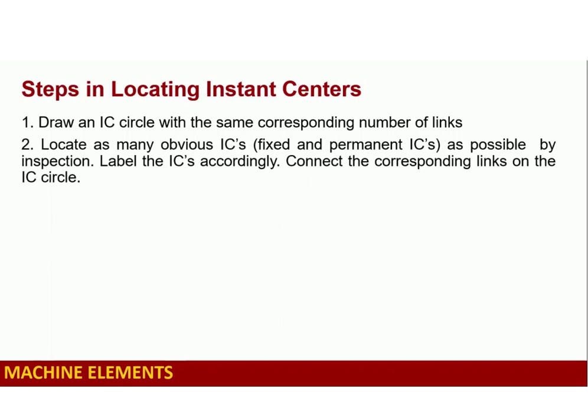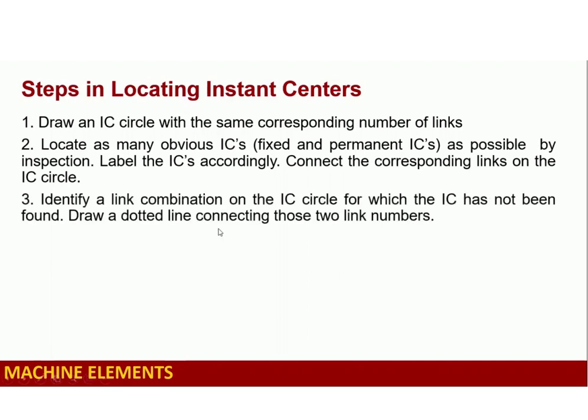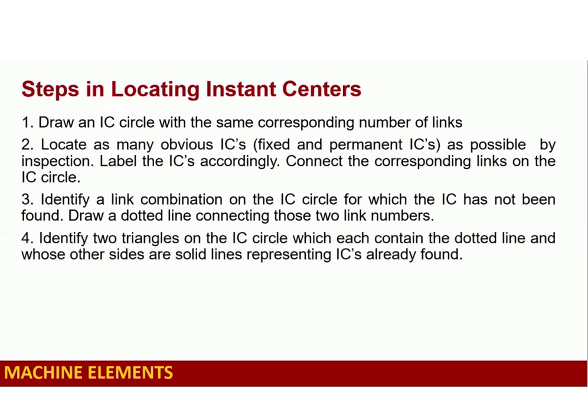The next step is to identify a link combination on the IC circle for which the instantaneous center has not been found. Draw a dotted line connecting those 2 link numbers. Number 4, identify 2 triangles on the IC circle which each contain the dotted line and whose other sides are solid lines representing the ICs already found.